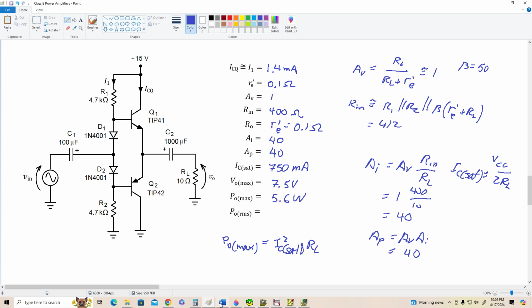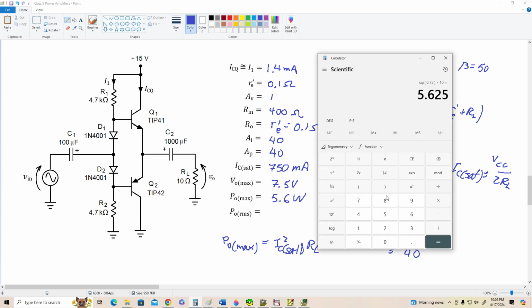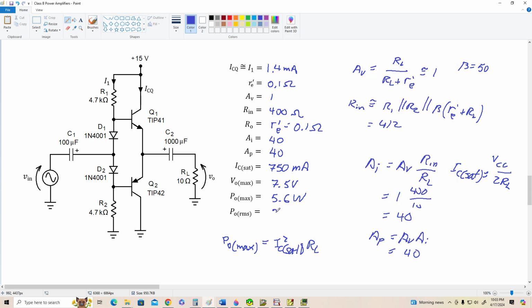And our power RMS is simply half of that, so we divide by 2, and we get about 2.8 watts RMS. That's not too bad. We're only working with a 15-volt power supply, so yeah, it looks pretty reasonable. Okay, so if you built this amplifier and you had a 15-volt supply, you could get pretty decent sound out of this thing.